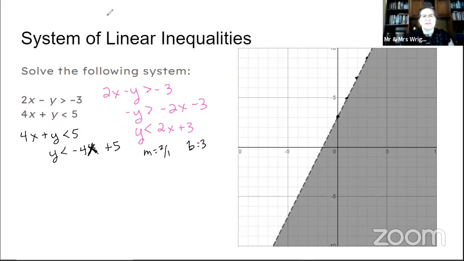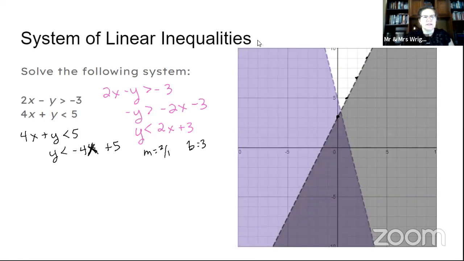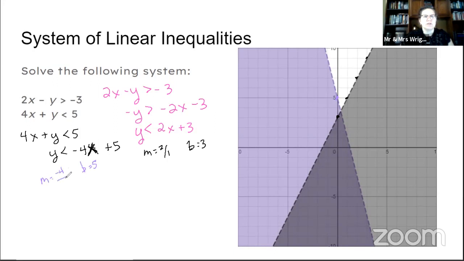Let's look at the graph of the second inequality here. All right, we have got y is less than negative 4x plus 5. So we know it's going to cross the y-axis at the positive 5 right here because our b equals 5 and our m is going to be negative 4 over 1. So if we start here at 5 and we go down 4, 1, 2, 3, 4, and over 1, you can see right there's another one.